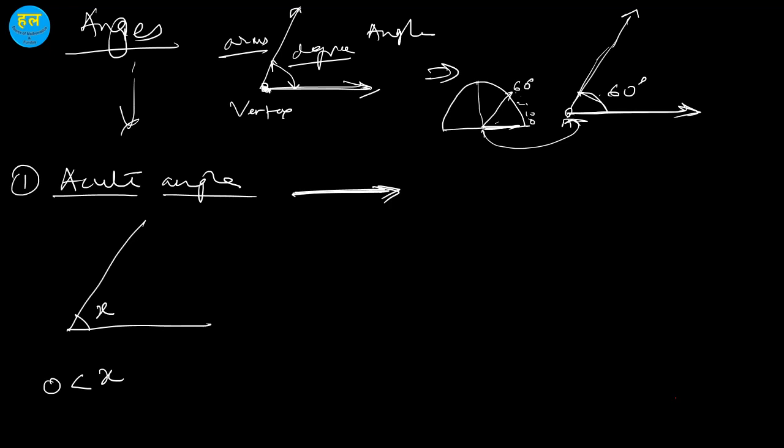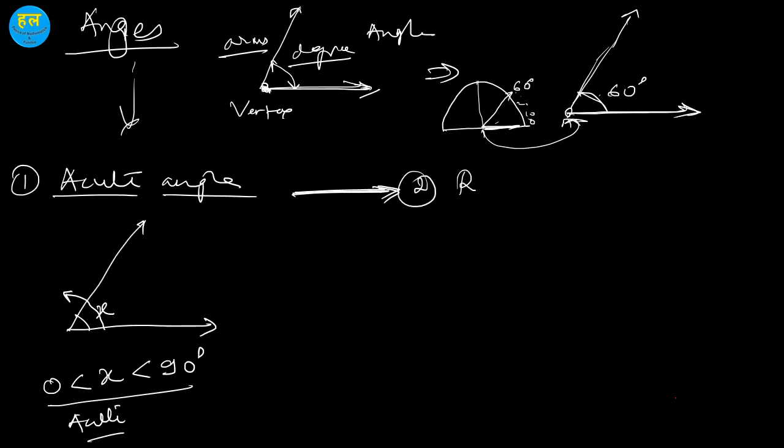When the angle is greater than 0° but less than 90°, so this range is called acute angle. Any angle within this range is called acute angle.